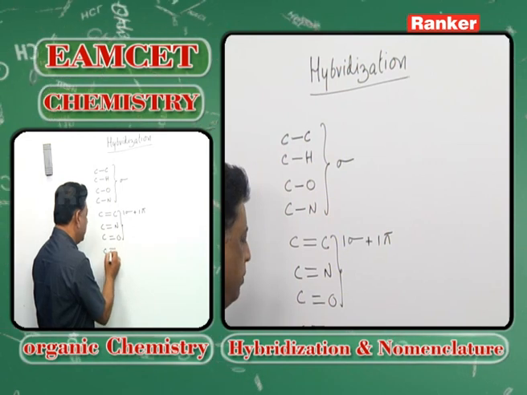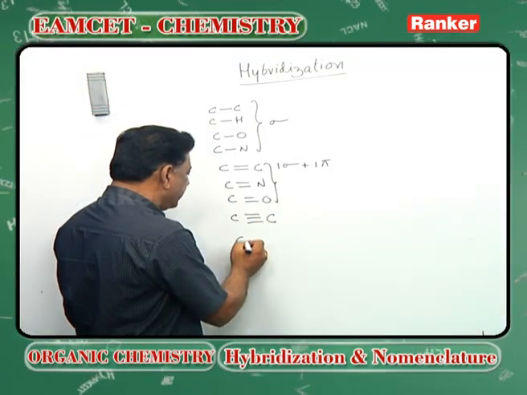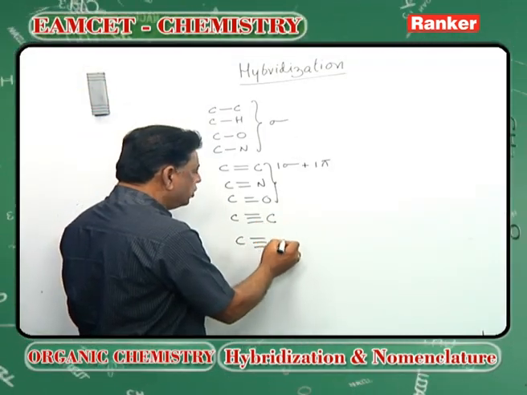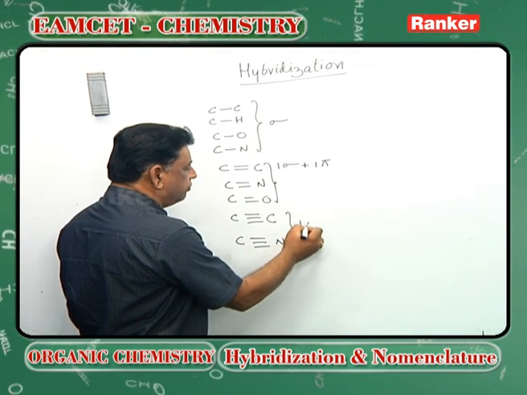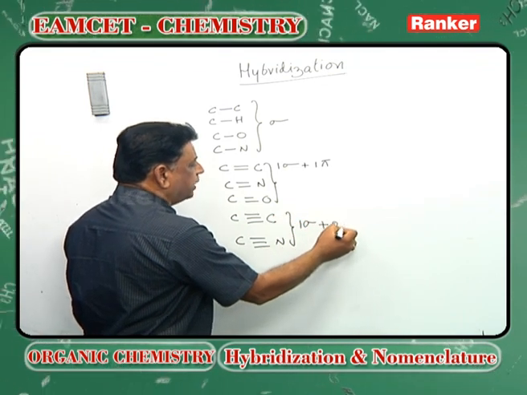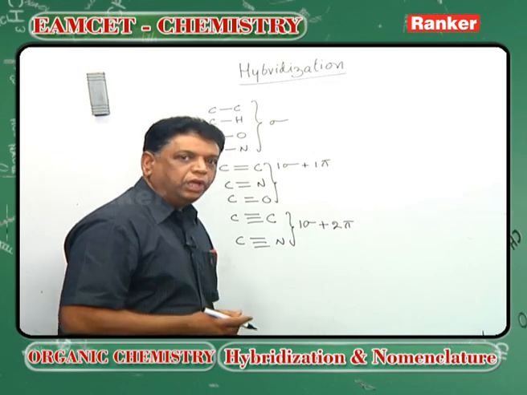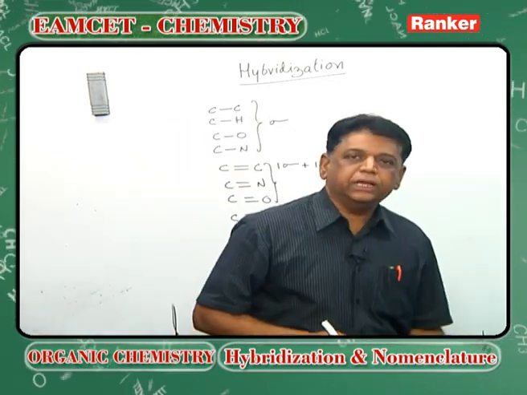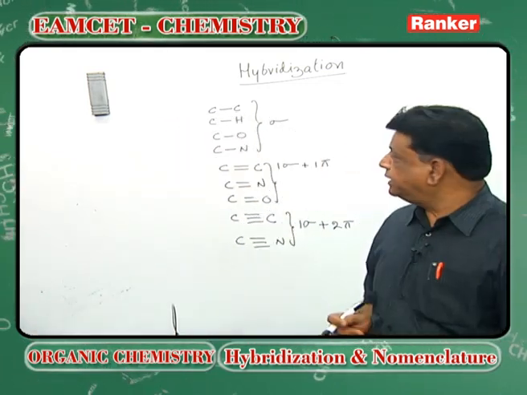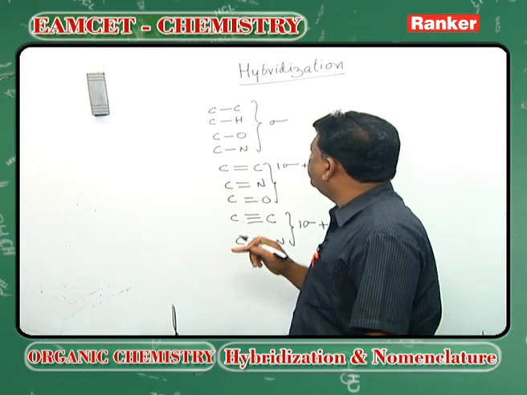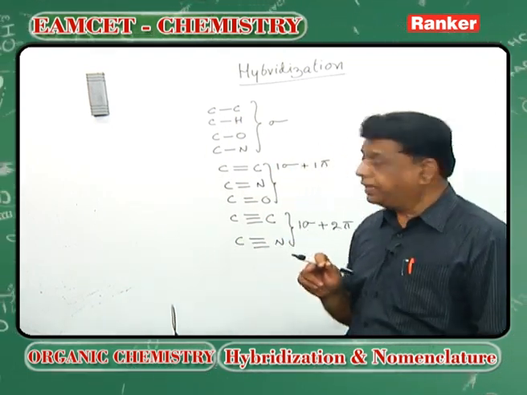If there is a triple bond like carbon-carbon, carbon-nitrogen, and so on, such bonds are made up of one sigma plus two pi bonds, right? Now the shape of the molecule is basically limited to the sigma bonds, not the pi bonds.